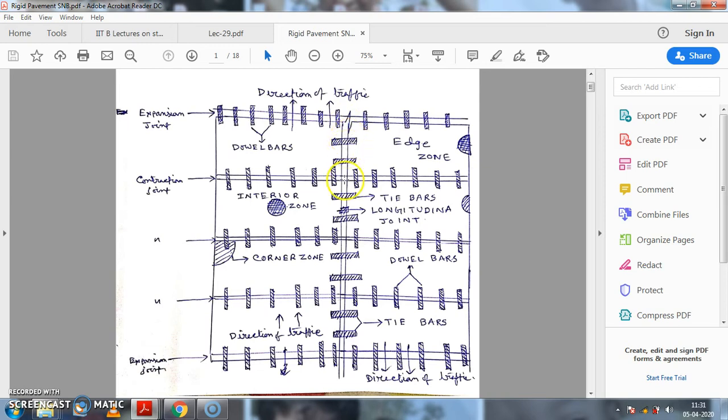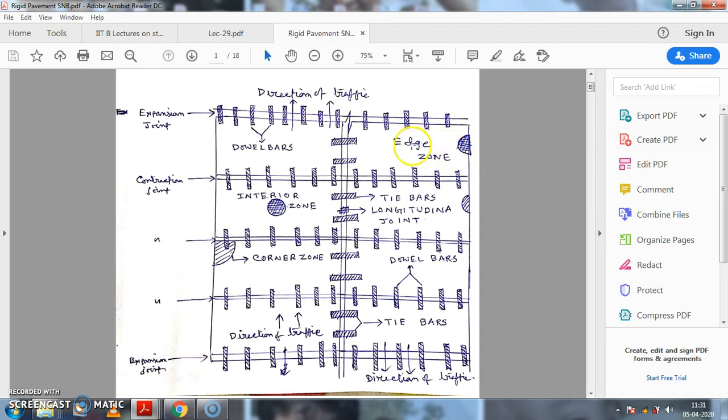Now, what is the meaning of longitudinal joint? We all know that IRC prescribed that for a single lane, the width of the pavement is 3.75 meter. Now, if the width of the road is greater than 3.75 or much more, then obviously it is not possible for the pavement to resist the load itself in a single width.